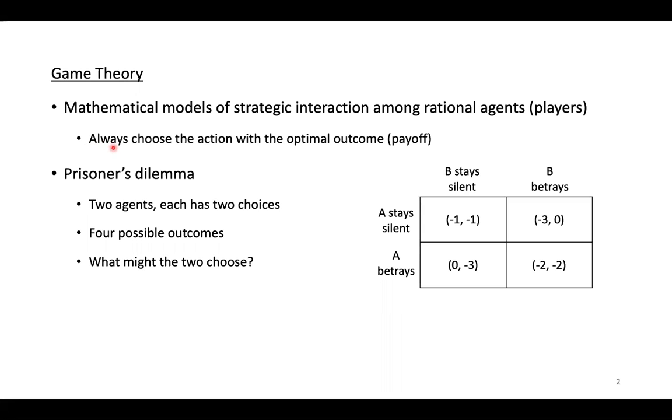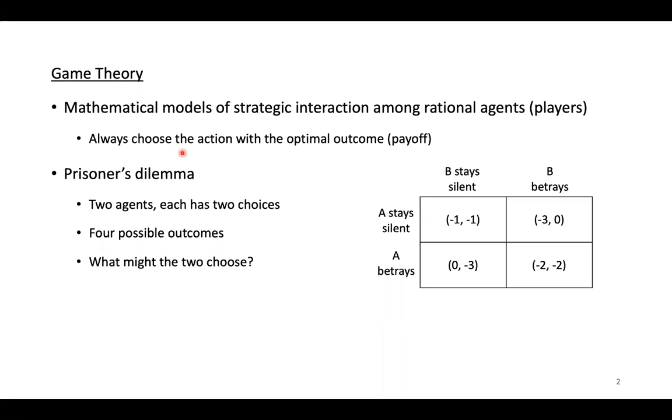Okay, with that assumption, where we are looking into mathematical models involving two or more agents trying to maximize their payoffs, here is one example that is very popular among game theory communities, which is called the prisoner's dilemma. I think most of you already know this, but let me formally introduce this example.